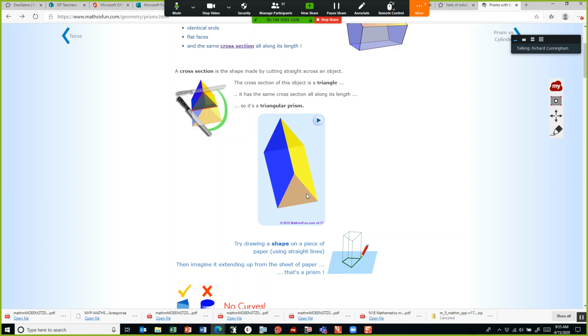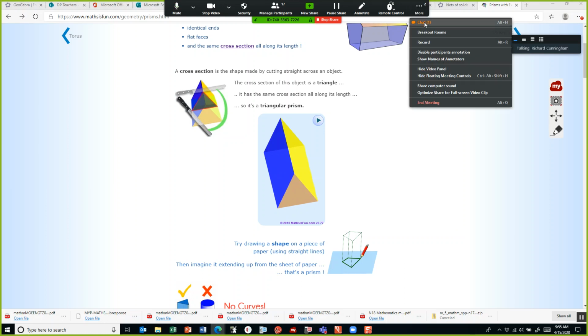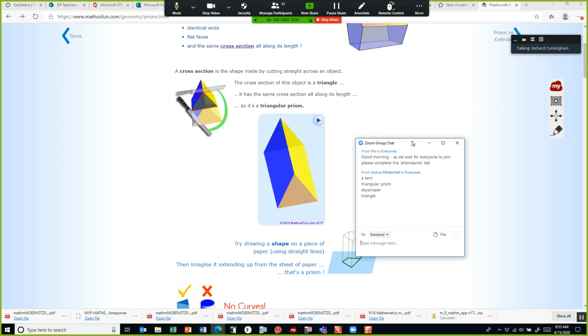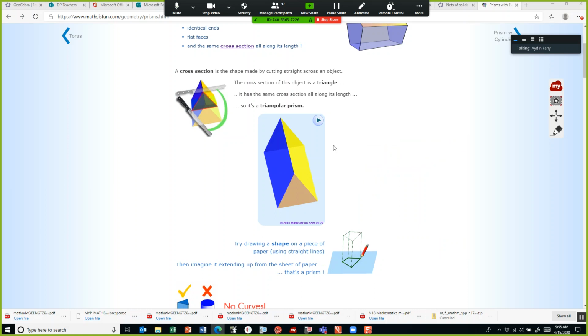What type of shape have we got at this end? Just anyone shout out. Triangle, good. What shape have we got at the other end? Good. So they are identical ends, and it has to have the same cross section.